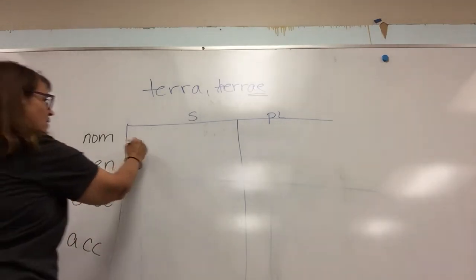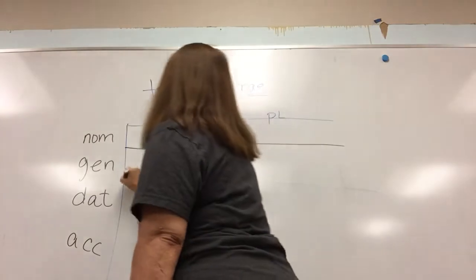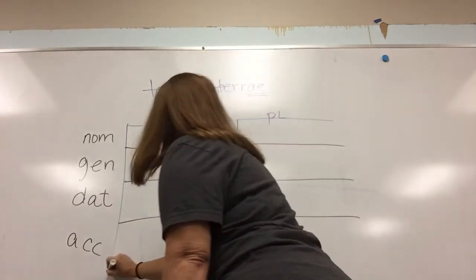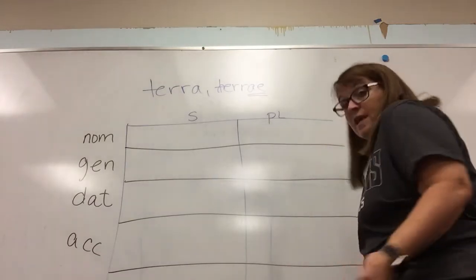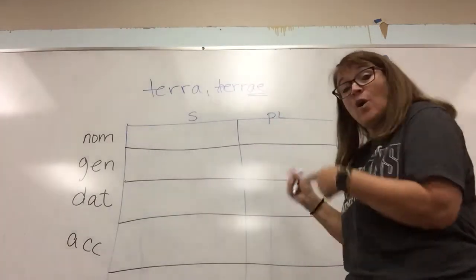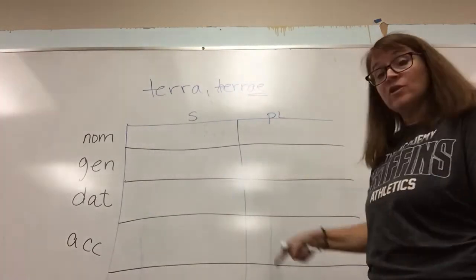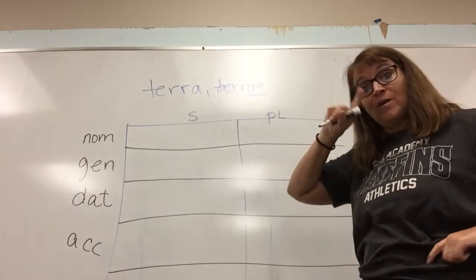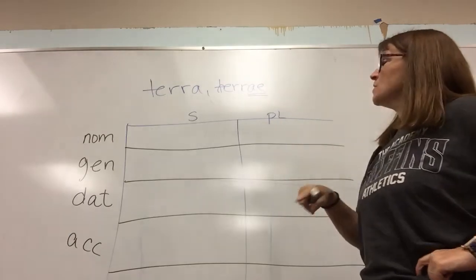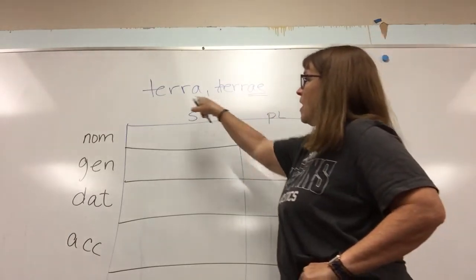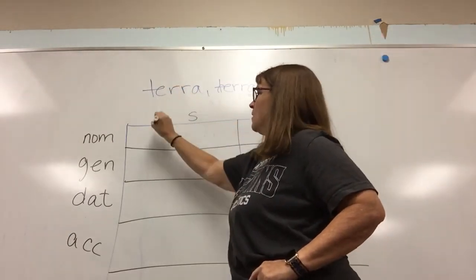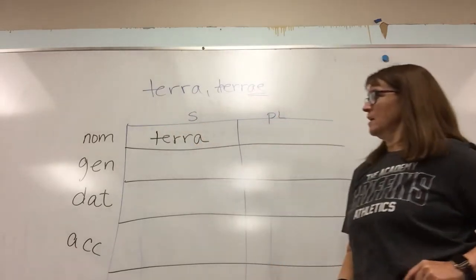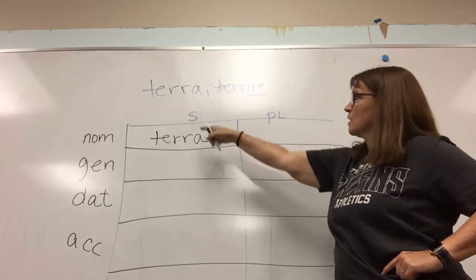Okay, so we're going to kind of draw lines to keep everything organized here. And you'll notice that your first exercise, they're going to ask you to decline all the words in the vocab. And you're going to do it just like I'm doing with terra, terrae, which is our model first declension noun. So, okay, we always take this first one and we put it in the nominative singular right there. Okay, that's where the first one goes.